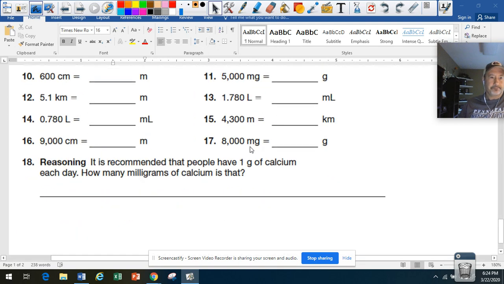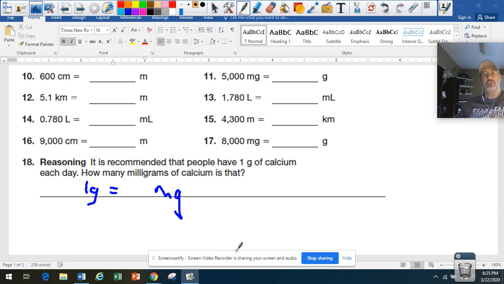So it says, it is recommended that people have 1 gram of calcium each day. How many milligrams of calcium is that? So if we look here, we're going from 1 gram, and we want to know how many milligrams. So as you see, we are going from a larger to a smaller.